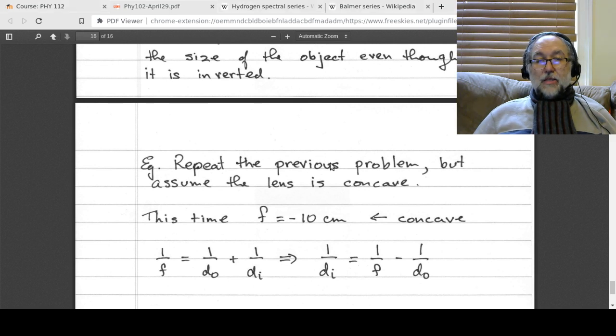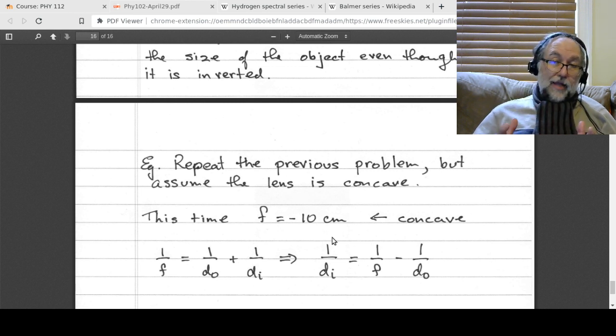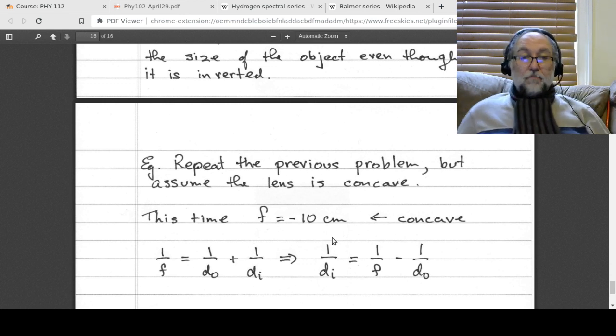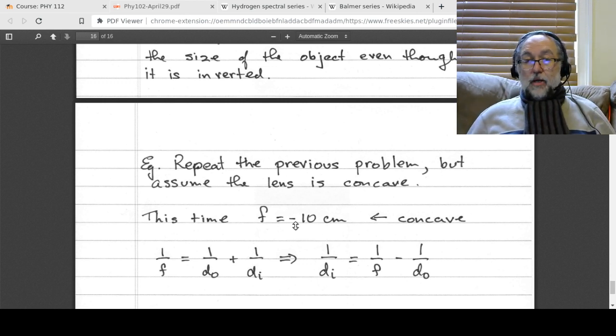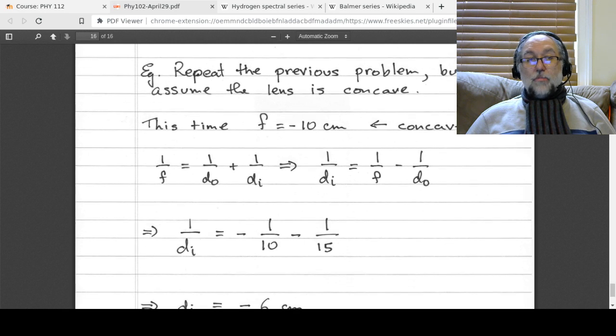And now I said repeat this problem, but this time assume that the lens is concave. For a concave lens, it still has a focal length of 10 centimeters, but we have to put negative, because the focal length is always negative for concave lenses. So where is the image formed? Same formula, just isolate di, 1 over di.